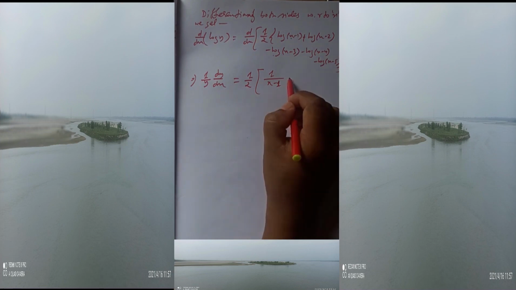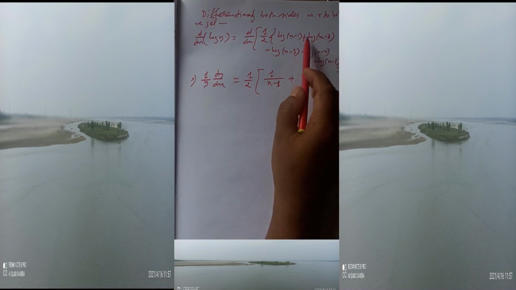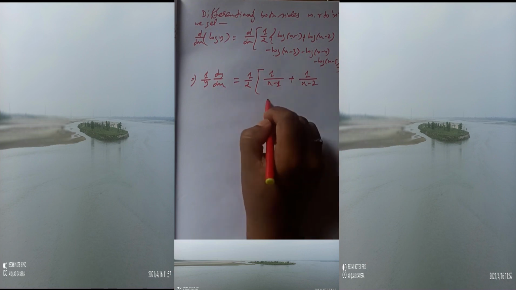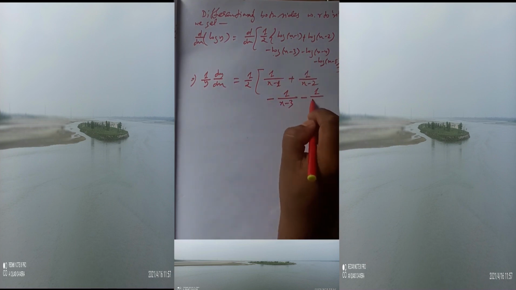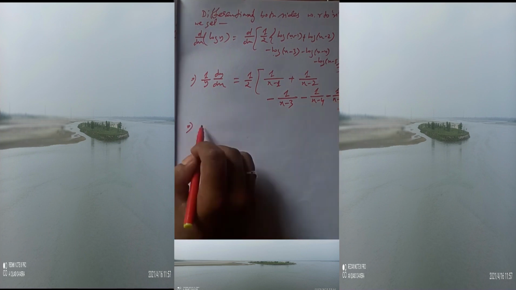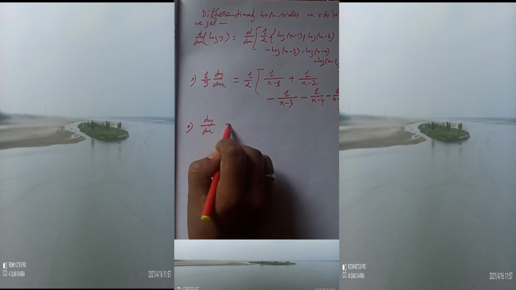No need to write. Then again here, d by dx of log of x minus 2 is 1 by x minus 2, and the derivative of x minus 2 is 1, no need to write. This is also 1, minus 1 by x minus 5. So 1 by y dy by dx equals half times that.